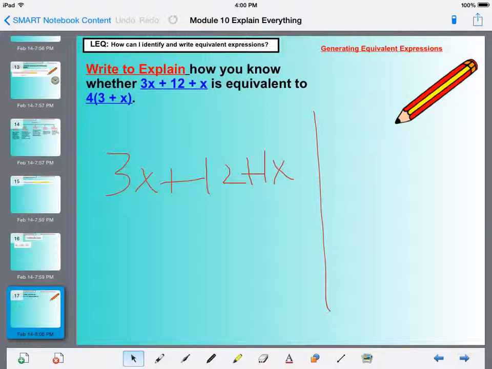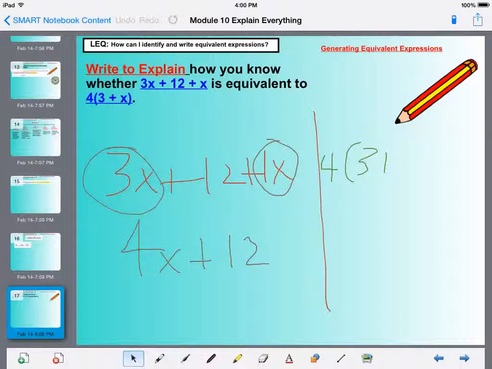So we can combine like terms here. 3x plus 1x is 4x plus 12.